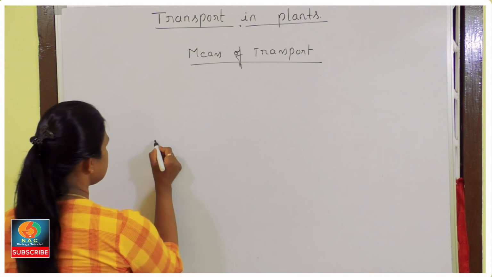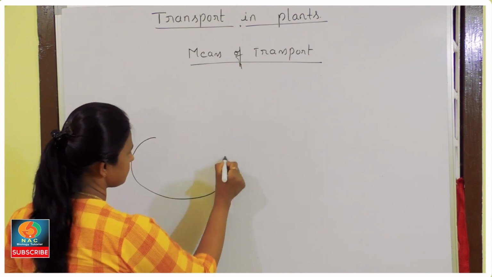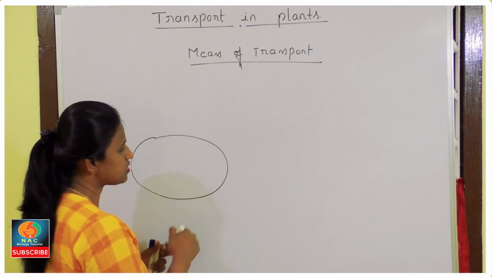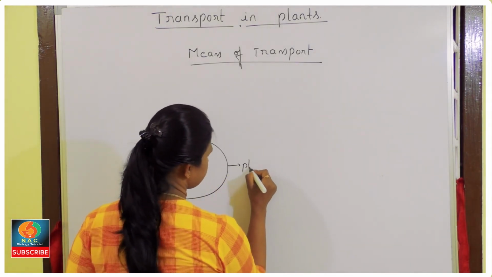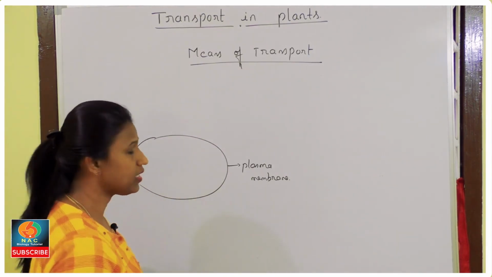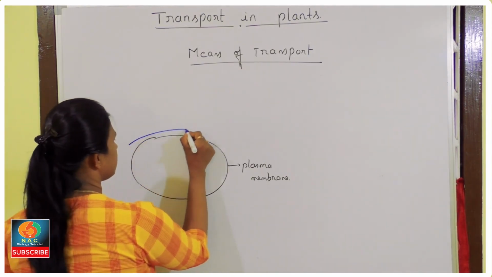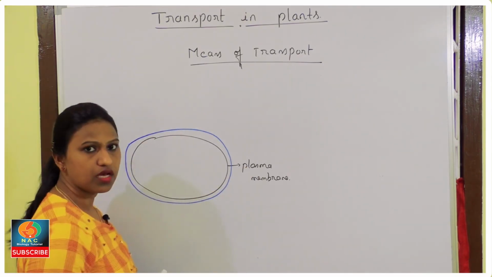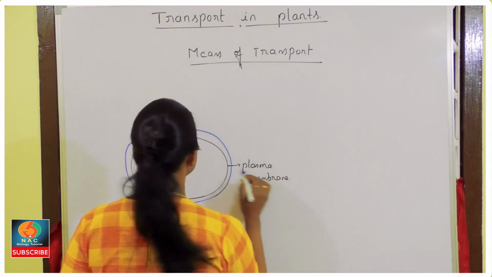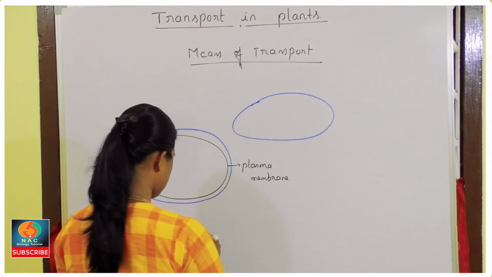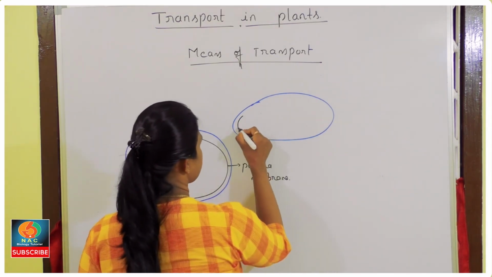Let's imagine here is a cell. This is our plant cell. This is the plasma membrane of a plant cell, and the plasma membrane is surrounded by a cell wall. Now one more cell is present near to this. This is the cell wall, and here is the plasma membrane.